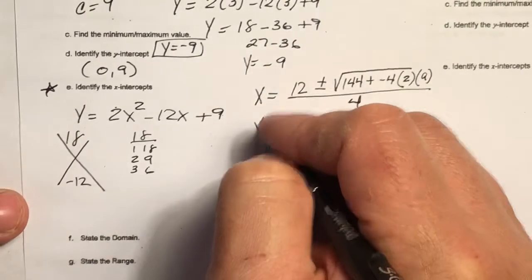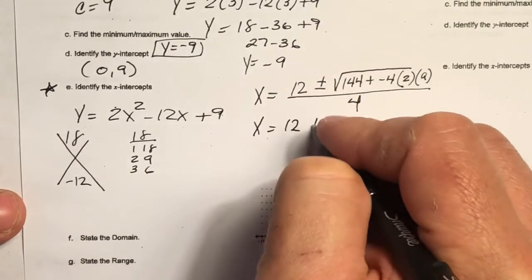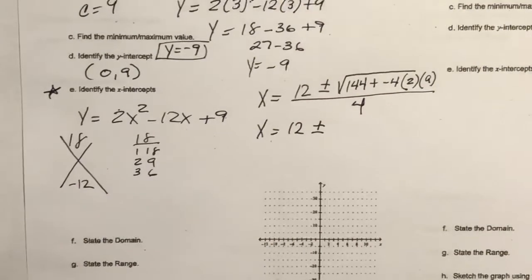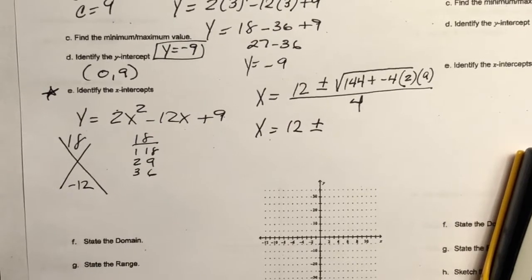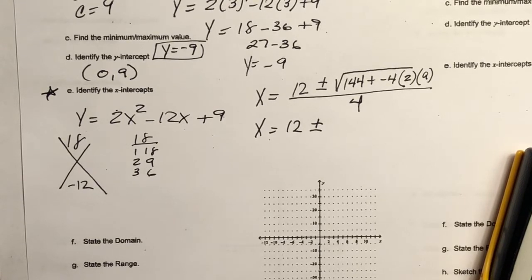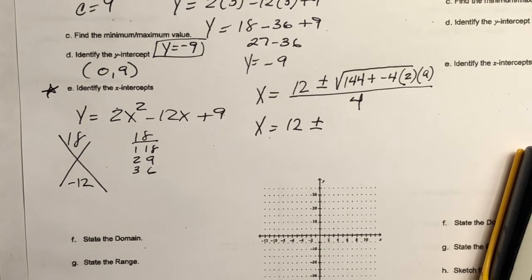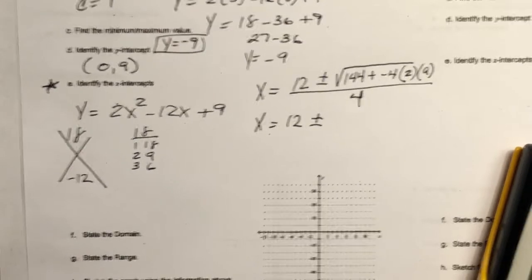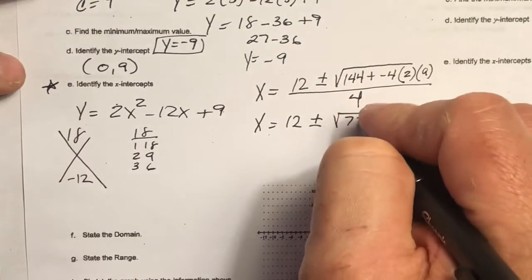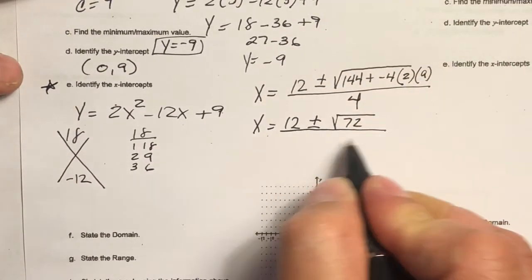So x equals 12 plus or minus. Let's go ahead and simplify that discriminant, that number that's under the radical sign. So I've got negative 4 times 2 times 9, and I'm going to add 144 to that, and I get 72, all over 4.